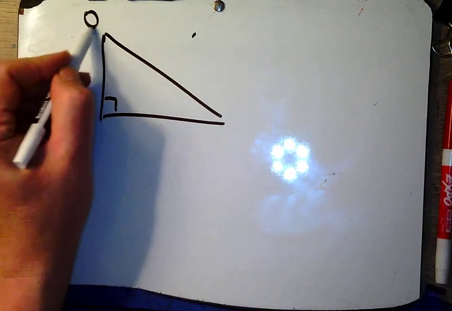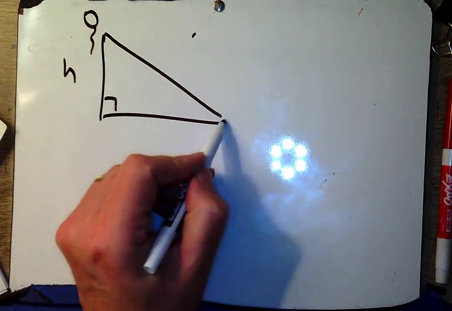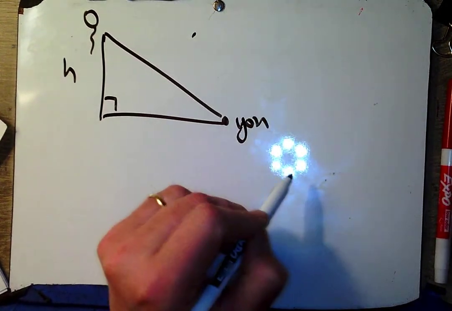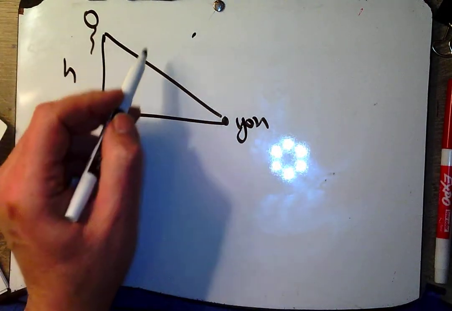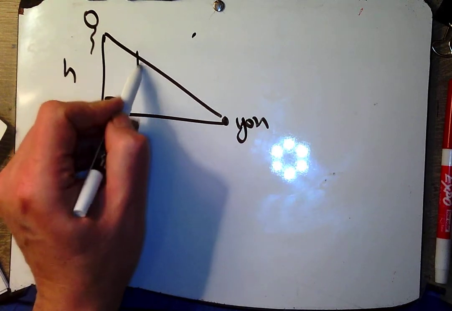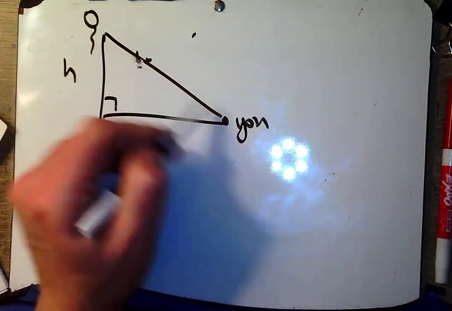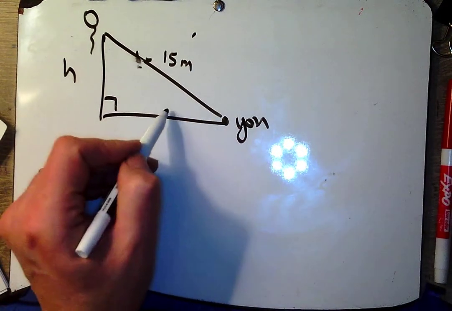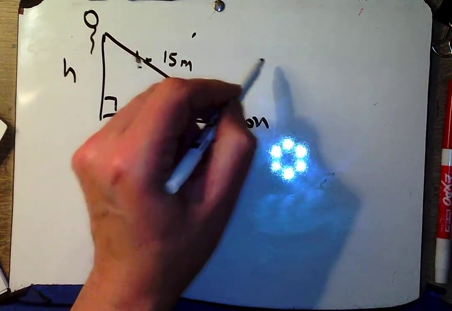We have a little balloon. Here is you. And curiously, the distance between you and the balloon is 15 meters, and the angle of elevation, right?